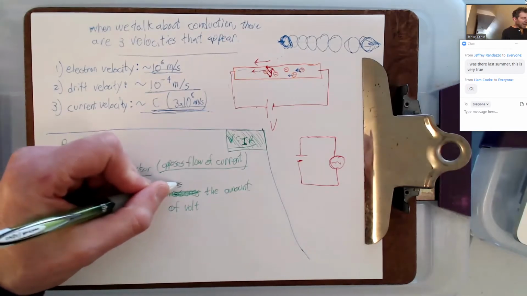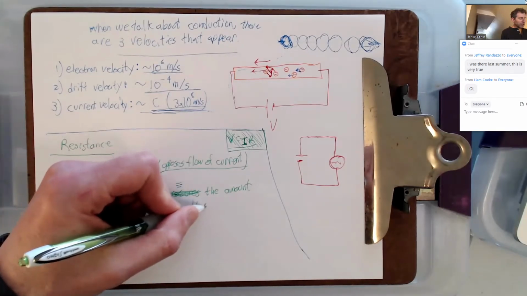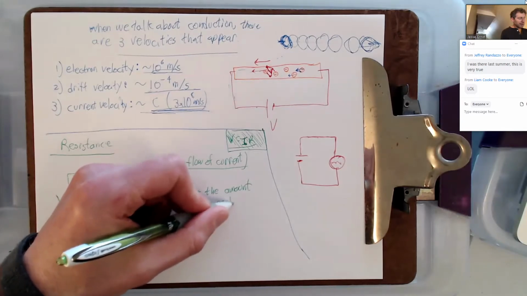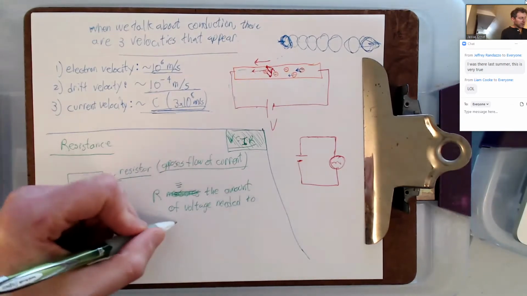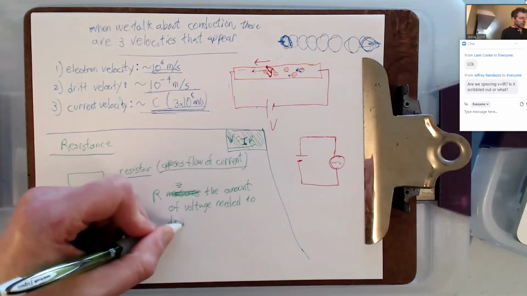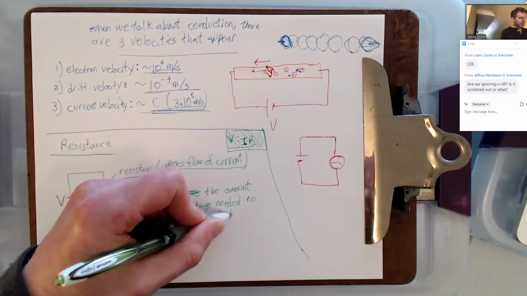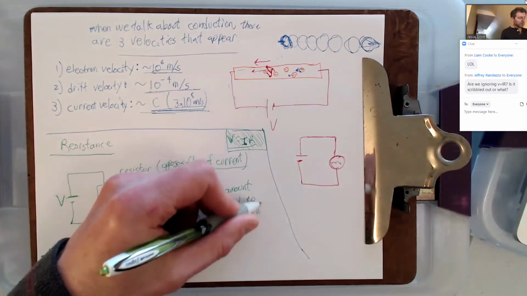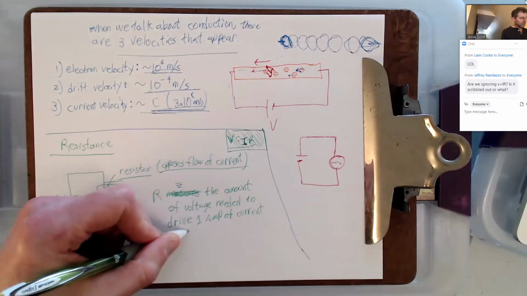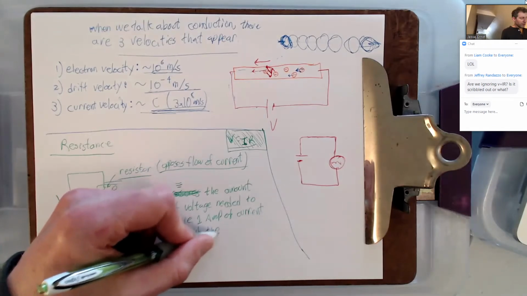R is defined as the amount of voltage needed to drive 1 amp of current through the object.